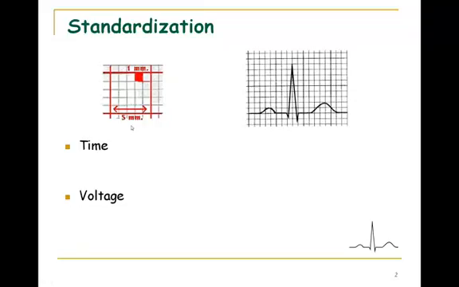It's best to just remember what a small box or a millimeter represents. On the x-axis, you're recording time, and one box is 0.04 seconds. For voltage, you look at the vertical axis. One small box is a millimeter, and it corresponds to 0.1 millivolts. And yes, you do have to know that. It's very important that you know those conversions.